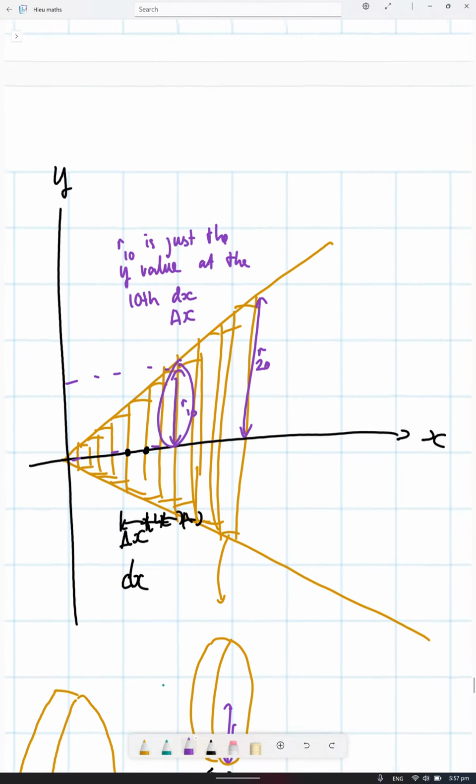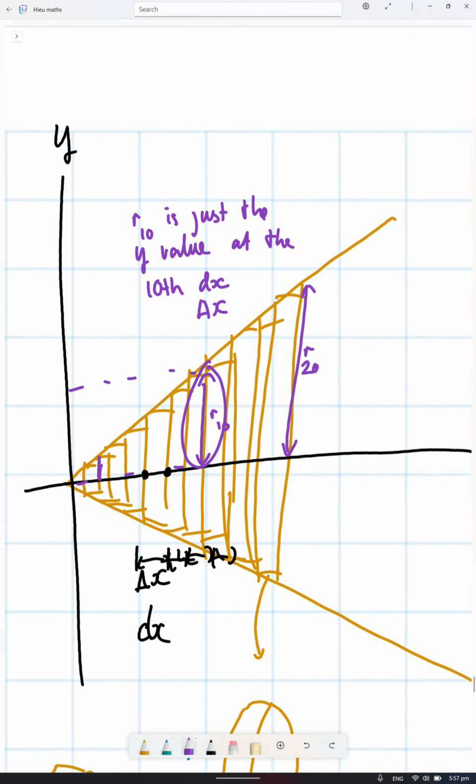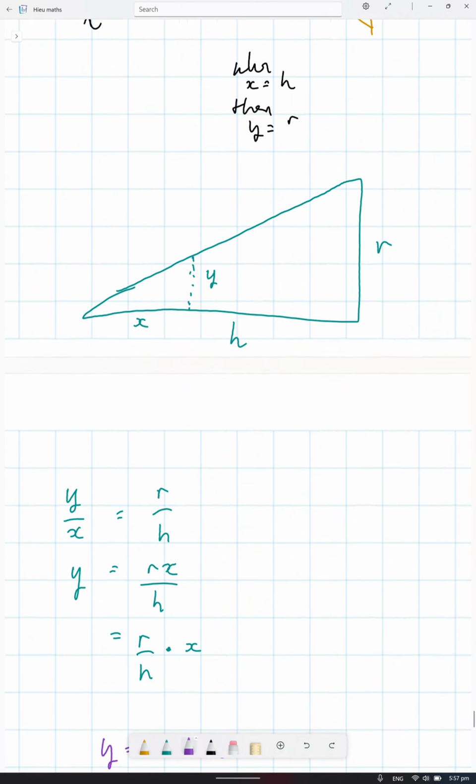We just find the general formula for the r of each of these different slices. As long as you have the x value, we can now find the radius of that slice, which is this equation.